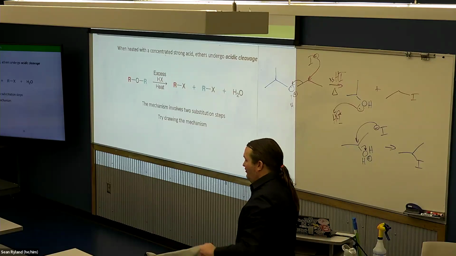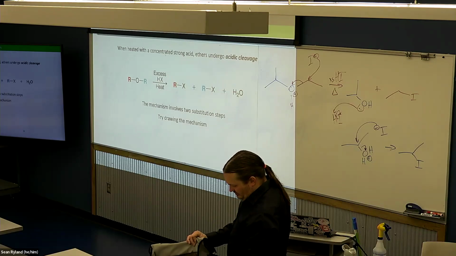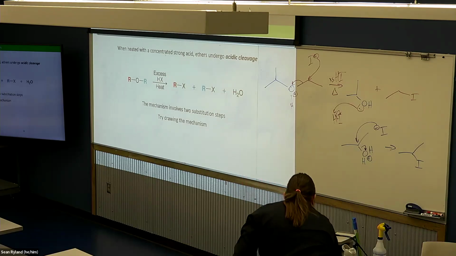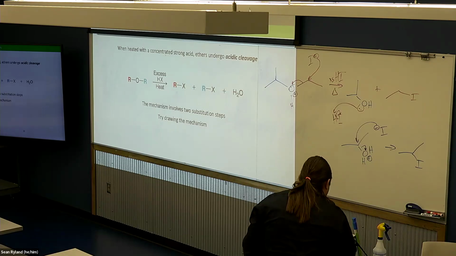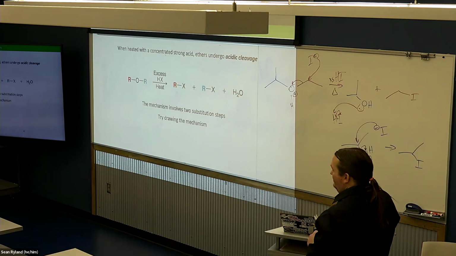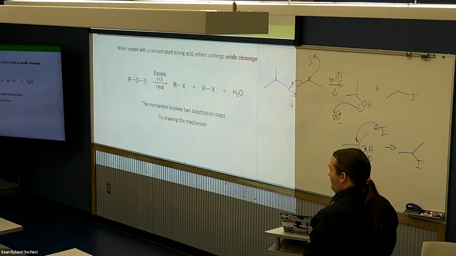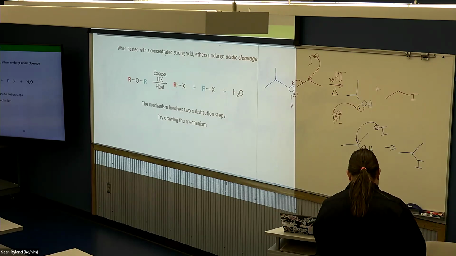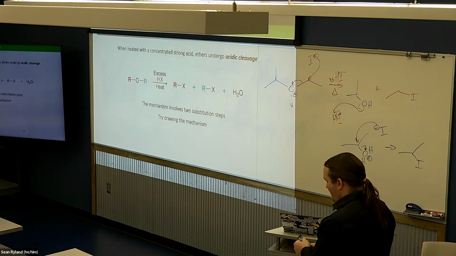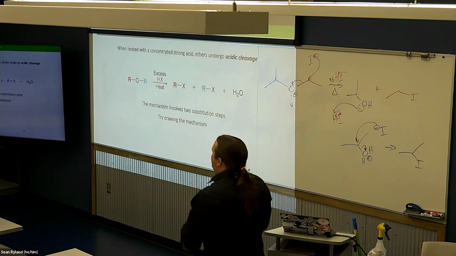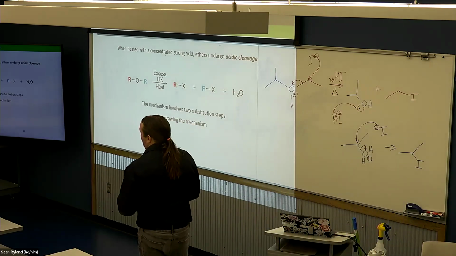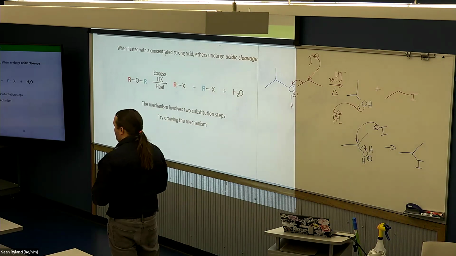Why is the heat helpful in this situation? What is the heat doing? I mean, everything goes faster when you have heat. What is heat? Entropy.